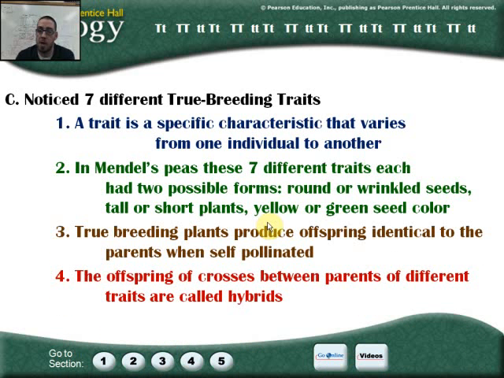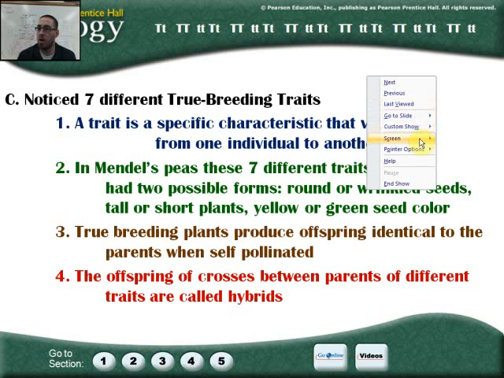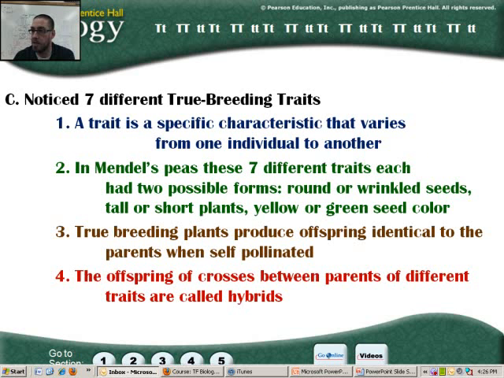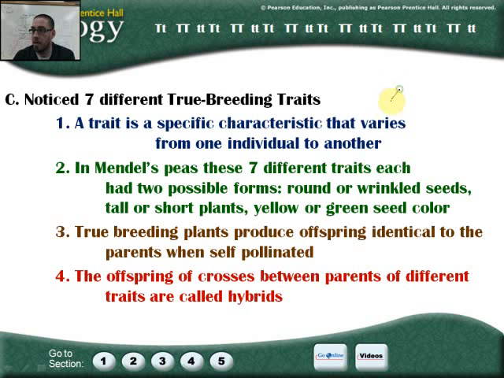So when he started crossing them, he noticed that there were certain types of plants that were true breeding. These plants happen to be true breeding because of these 2 characteristics, and I'm going to try to write up here so everybody can see. If you have a dominant letter, and that's supposed to be a T, 2 dominant letters, and you cross these with 2 other dominant T's.